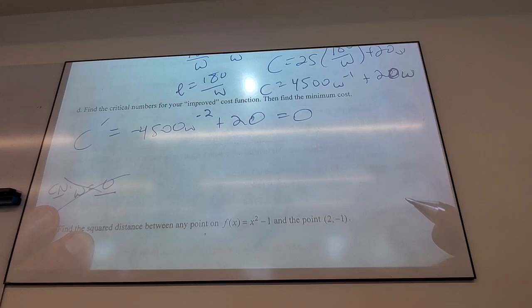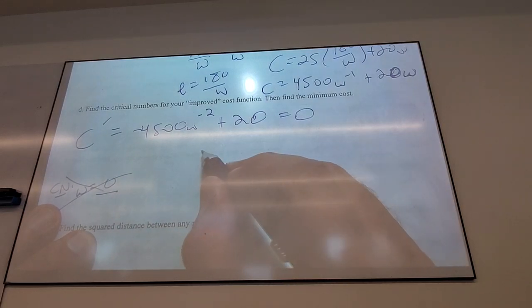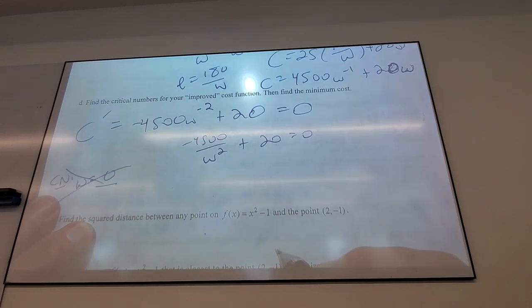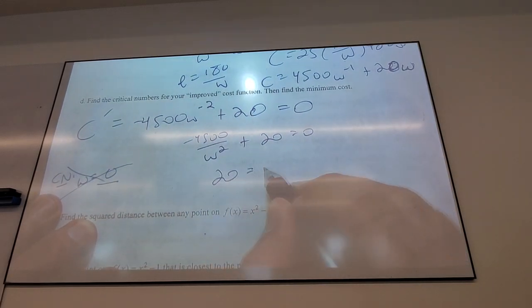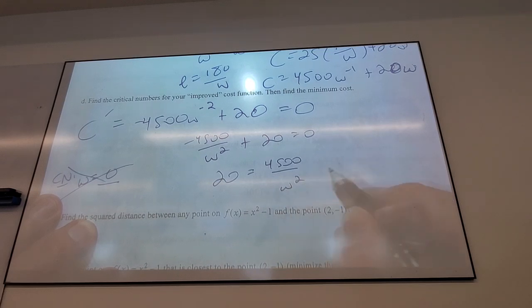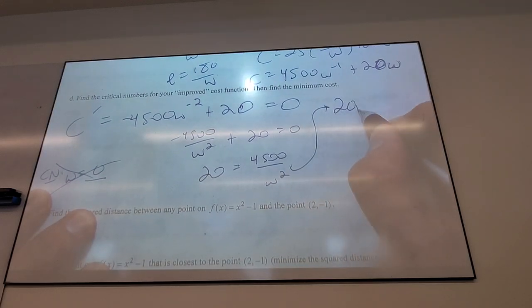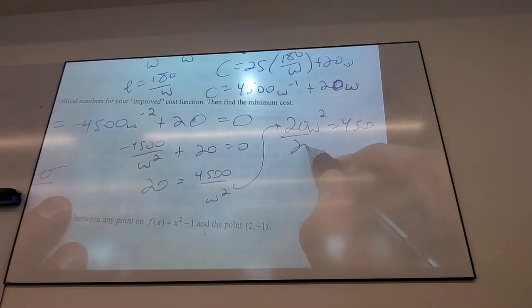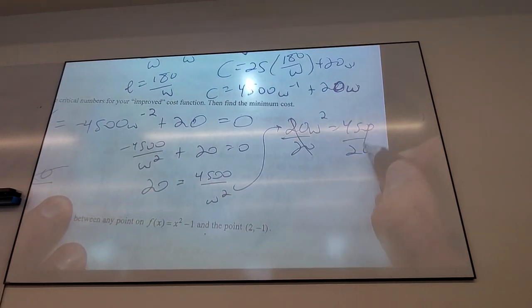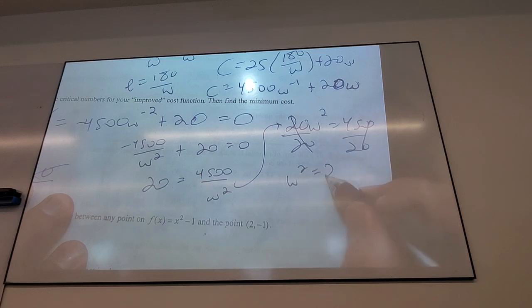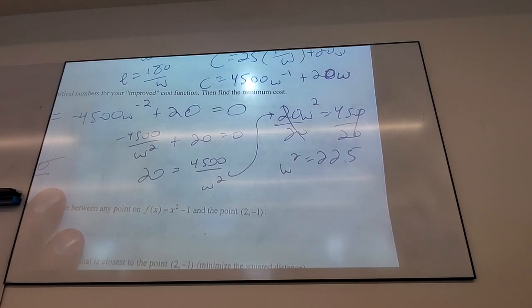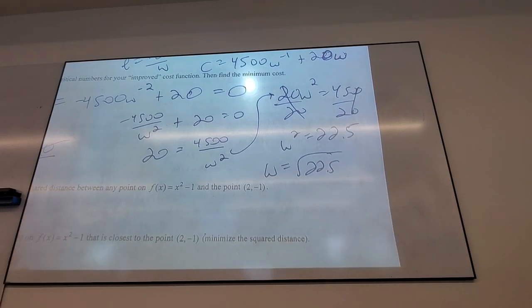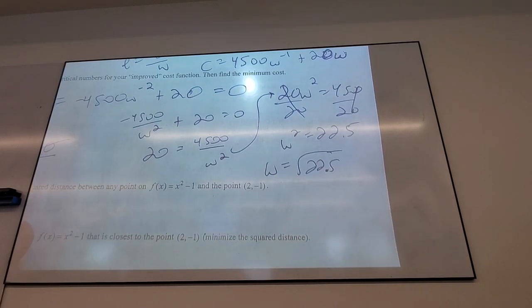I brought the W back down, and then I added the fraction over, and then multiplied W squared by both sides, and then divided by 20, and then square rooted. Is it 225? Yeah, and then that would give you plus or minus 15. And of course, we know we're going to pick the positive because this is a physical situation.